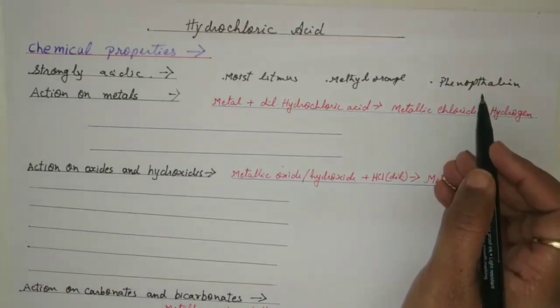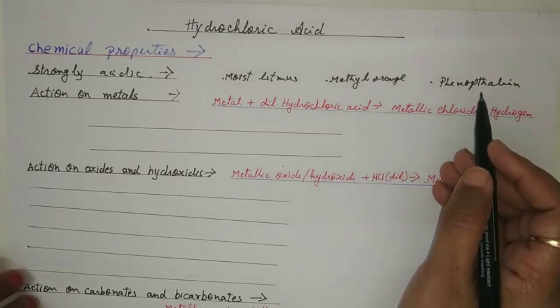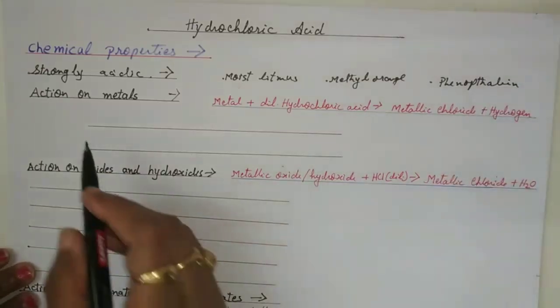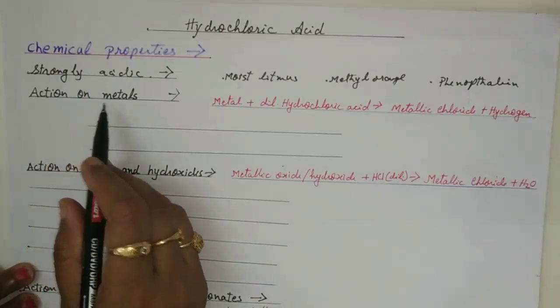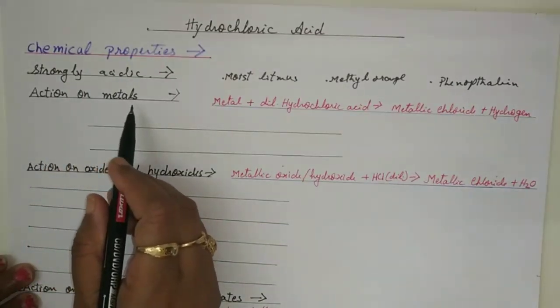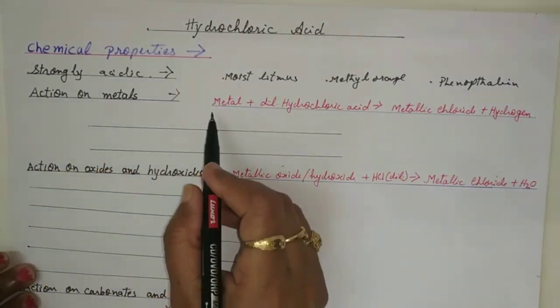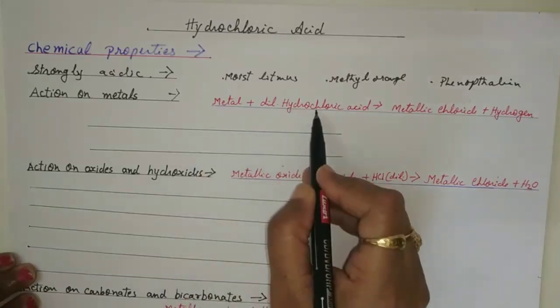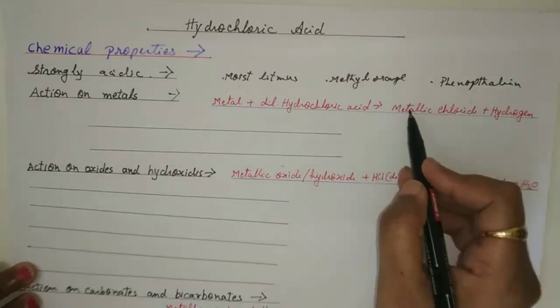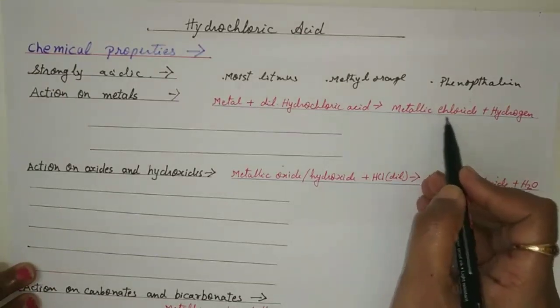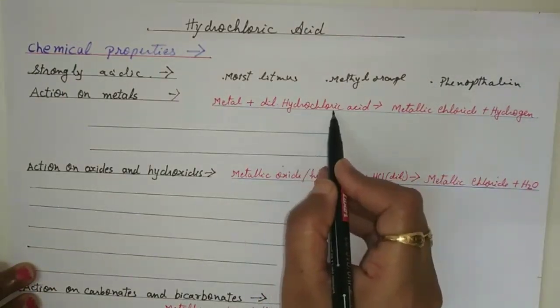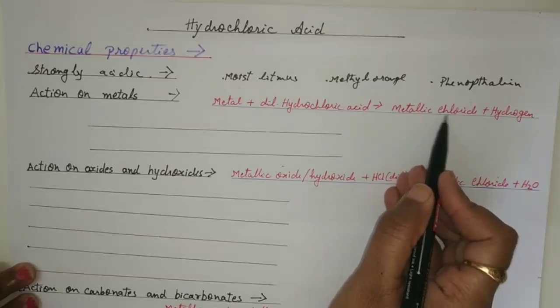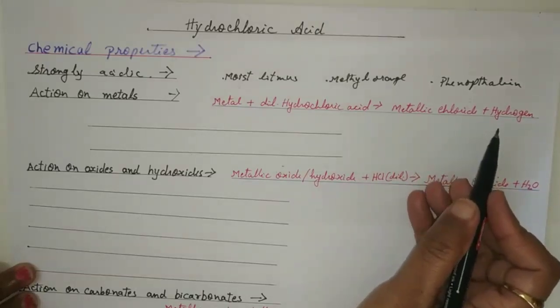Now, the second chemical property that we are going to deal here is action on metals, all active metals. So all the metals above hydrogen, when they react with dilute hydrochloric acid, will give you a salt and hydrogen. But which salt? It is hydrochloric, so metallic chloride and hydrogen gas.